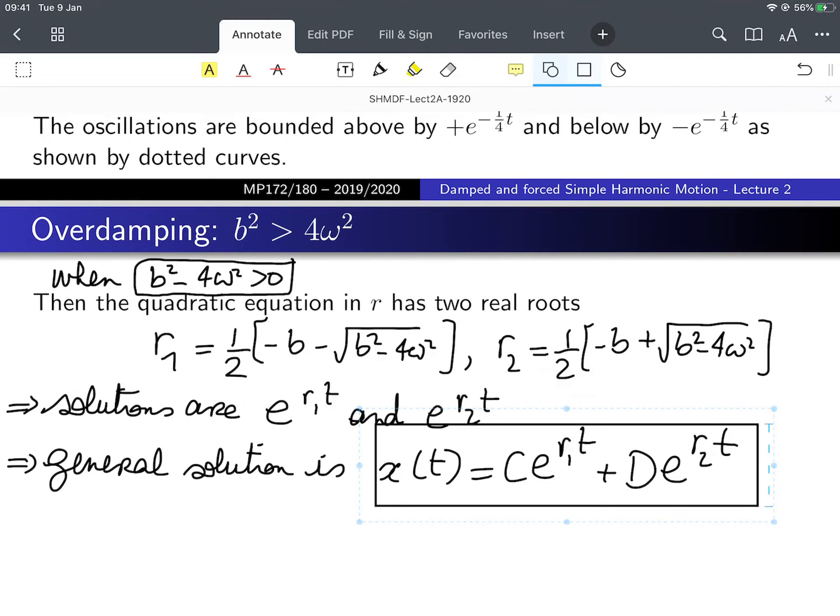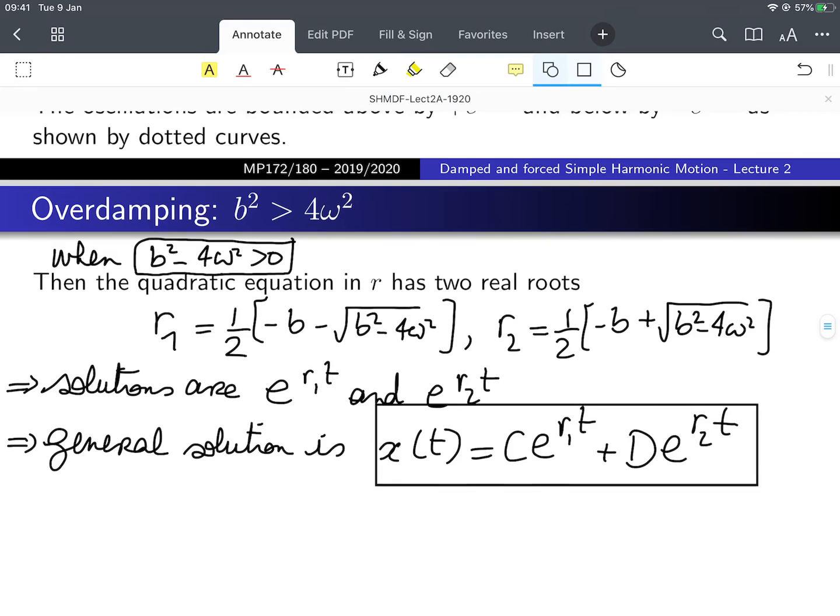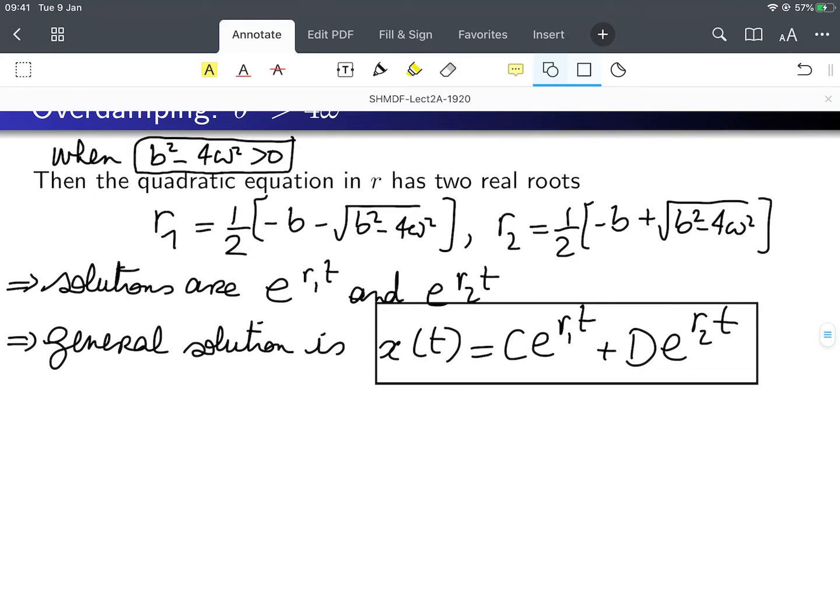Very simple case, at least easy to memorize. And then when you look at the solution, you see that there's going to be no oscillation here, because there is no cos or sine terms.